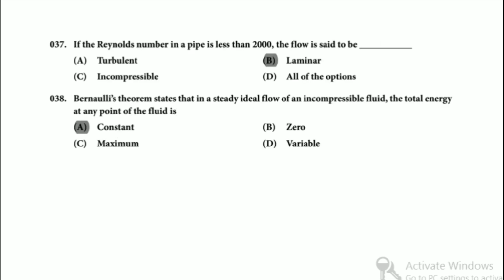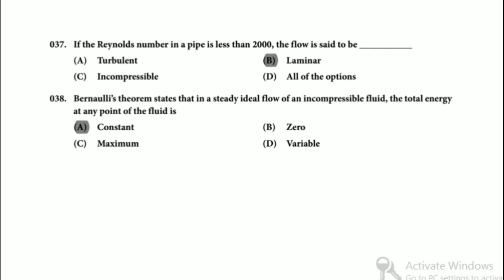Question number 37, if the Reynolds number in a pipe is less than 2000, the flow is said to be dash. So Reynolds number greater than 2000, the flow is turbulent. Reynolds number less than 2000, then the flow is laminar, right? So that's the thing you should know, right?